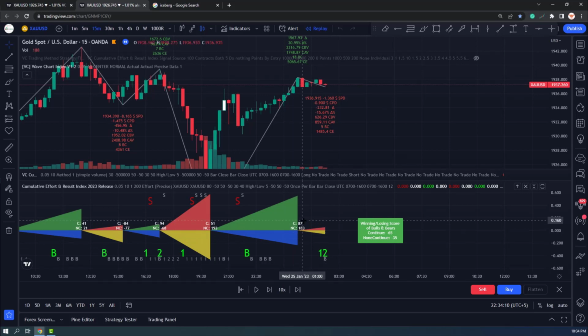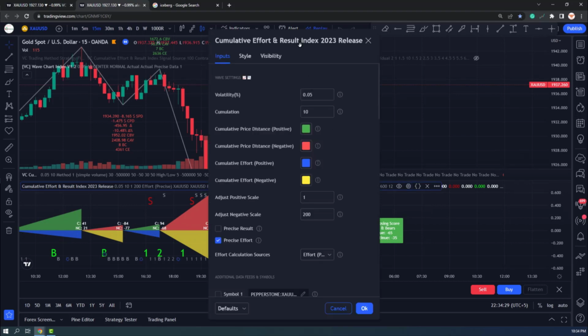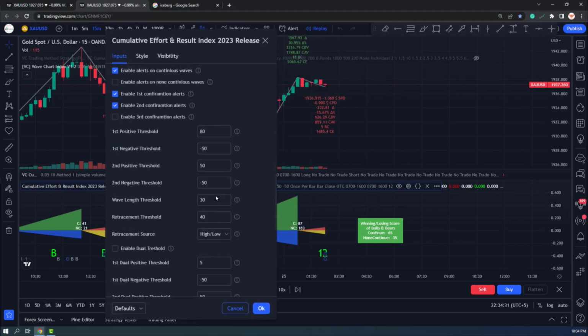The first confirmation is based on the previous results, that wave is already completed, and on the next wave that is not yet completed, the wave is negative and the results are also negative, fulfilling our second threshold. You see here, there is a second threshold here.